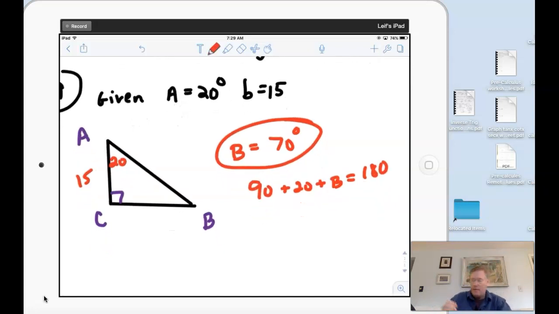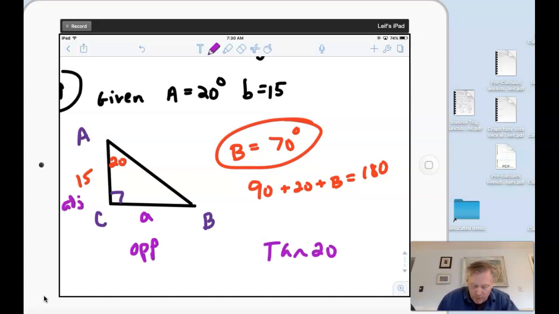Now I need a second side of the triangle, which means I'm going to use some basic trigonometry. Let's say I'm looking for this one here, lowercase a, which is opposite angle A. Side c is opposite angle C. So this is the opposite, and this is the adjacent, which means I can go tangent of 20 degrees equals a over 15. Make sure your calculator's in degrees.